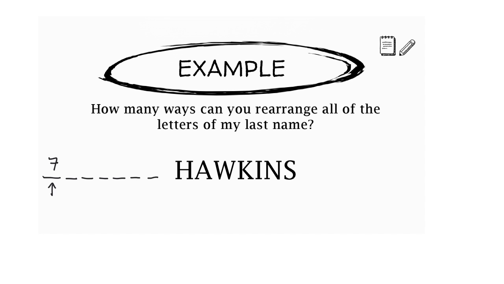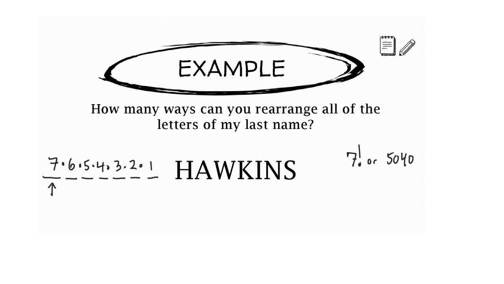I could choose the H, the A, the W, K, I, N, or S. But once I choose, I've now reduced it down to 6 choices, and then 5, and then 4, and then 3, and then 2, and then 1. So the number of ways that I can rearrange all of the letters of my last name is 7 factorial, or 5,040 if you want to multiply it all out.